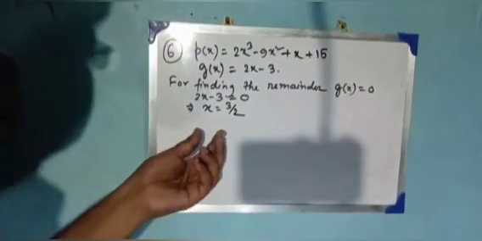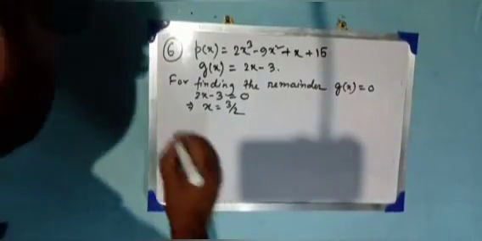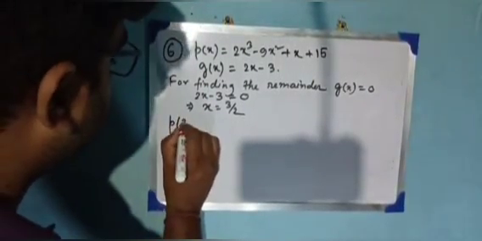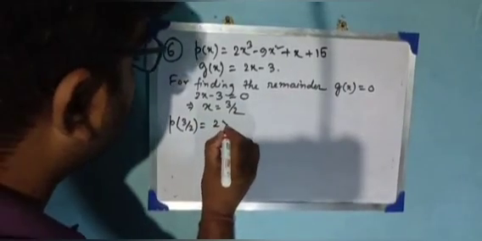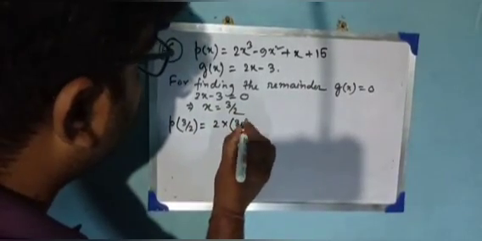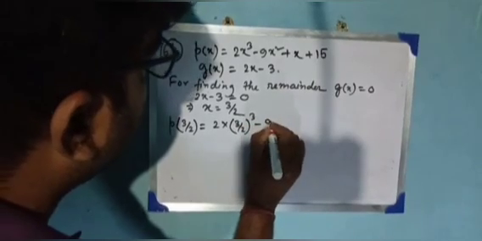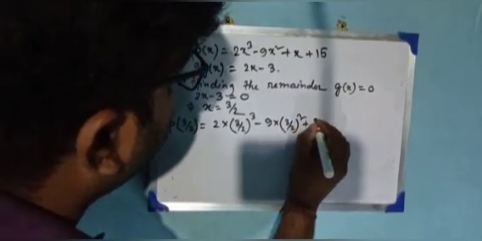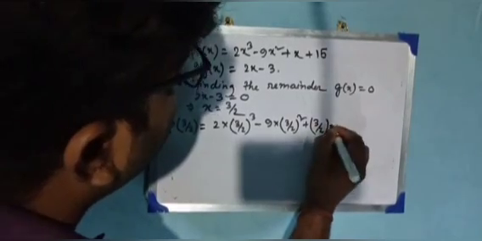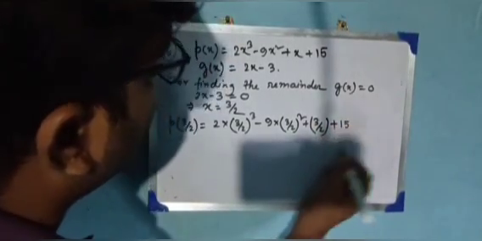So now we have to compute the value of p(3 by 2) for finding the remainder. That equals 2 into (3 by 2) cube minus 9 into (3 by 2) square plus 3 by 2 plus 15.